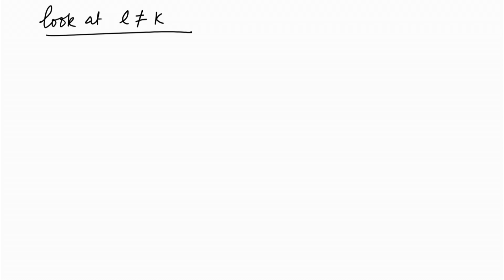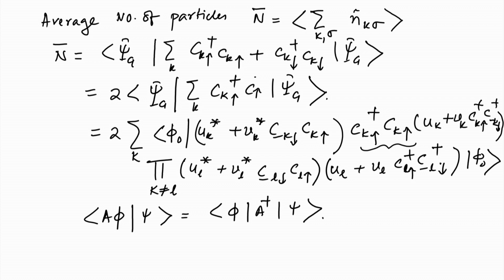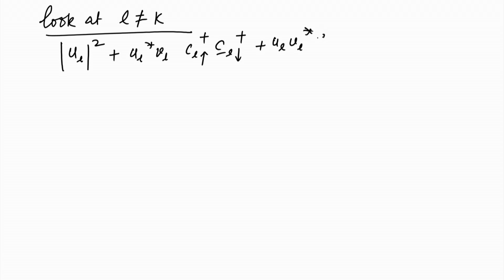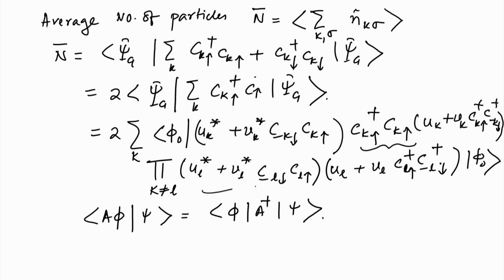Now, you can understand that this will have |u_L|², then u_L* v_L with c_{L↑}† c_{-L↓}†, plus u_L v_L* c_{-L↓} c_{L↑}, and plus |v_L|² c_{-L↓} c_{L↑} c_{L↑}† c_{-L↓}†. Now, this is coming from the product of these terms, and so there are 4 terms here.